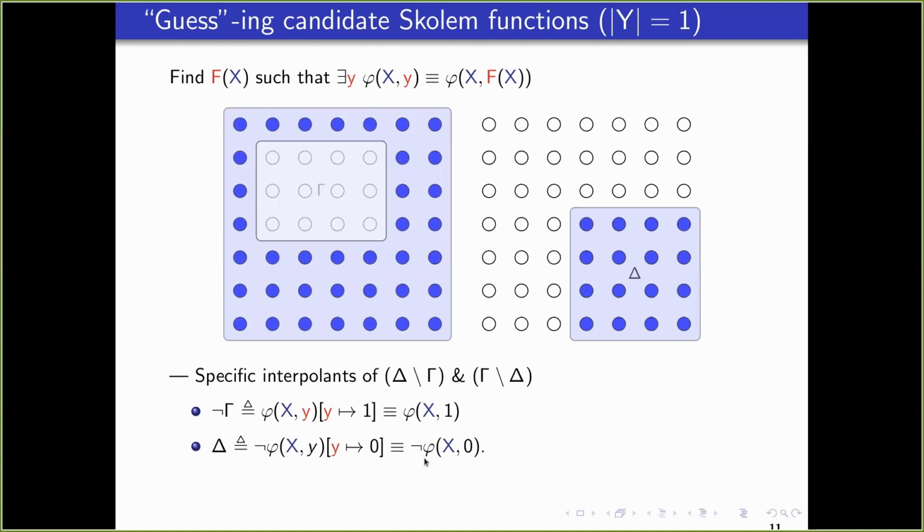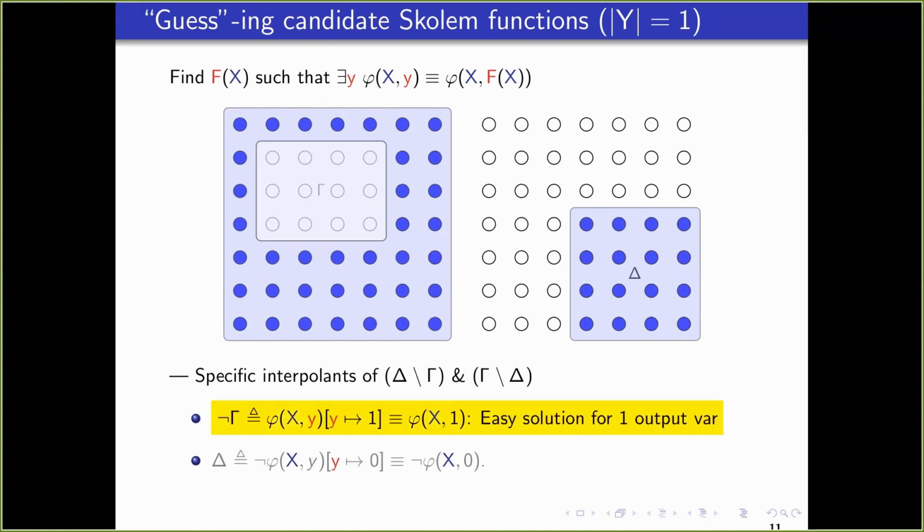Those are easy interpolants to obtain. And since we know that every interpolant will serve as a Skolem function, this gives us an easy solution for one output variable. And this solution is really very nice. It says: take the specification and, for whatever variable you are trying to synthesize, just set that to 1.